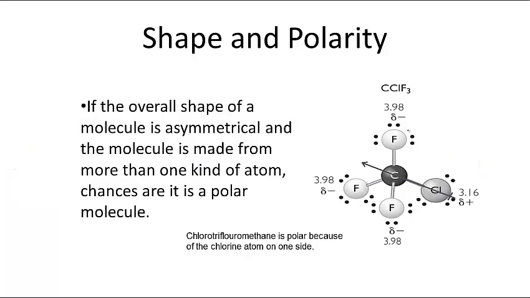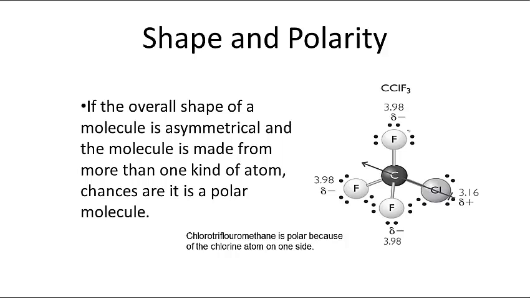Now we get to a trickier one, where the overall shape of a molecule is asymmetrical. So here I have CClF3. This is not a symmetrical molecule because the Cl is on one side, so our outside surface is Cl, F, F, and F. If it's made from more than one kind of atom and it's asymmetrical, chances are it's polar.